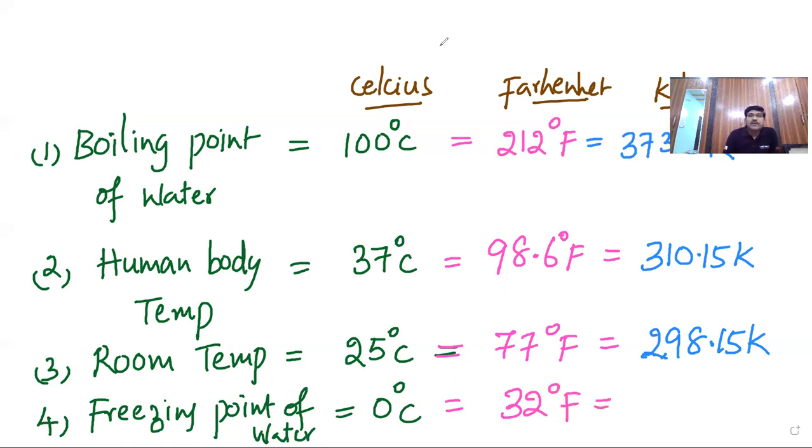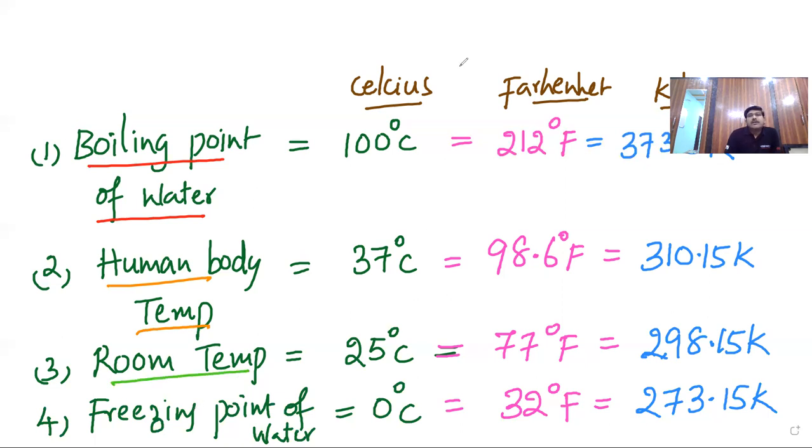If I want to convert into Kelvin, 0 degree centigrade is 273.15 Kelvin. So these are the simple standard temperatures always to be remembered. Always to be remembered. How is the clarity?